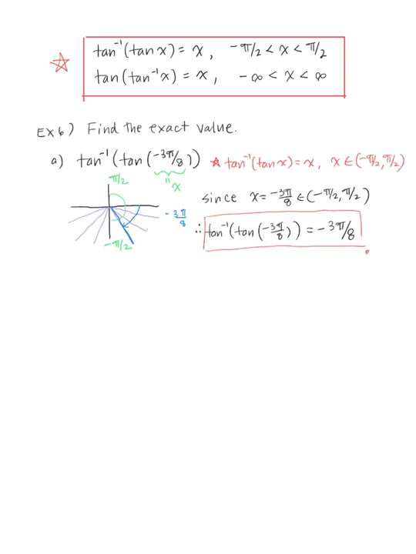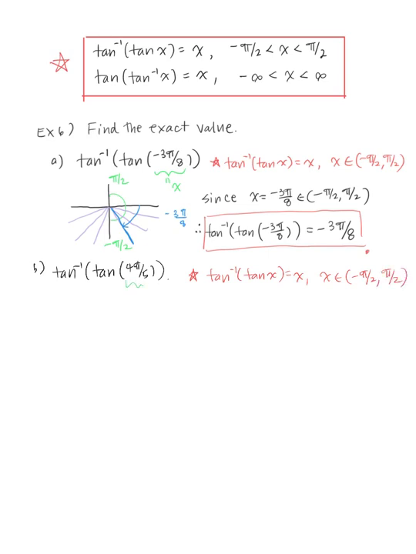Let's look at another example: tan inverse of tan of 4 pi over 5. Again, let's make a note. Again, I'm going to keep writing this until you become familiar with it.